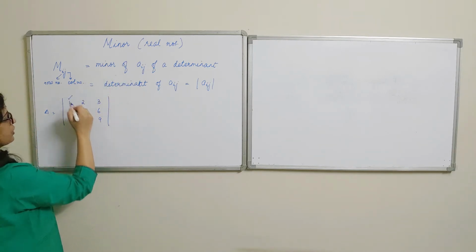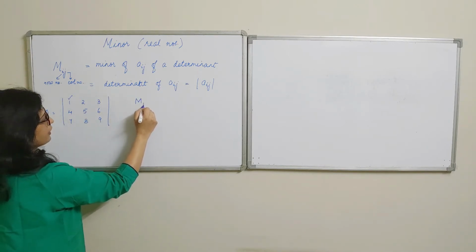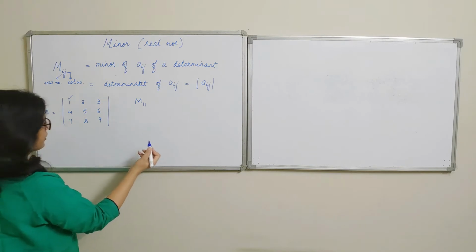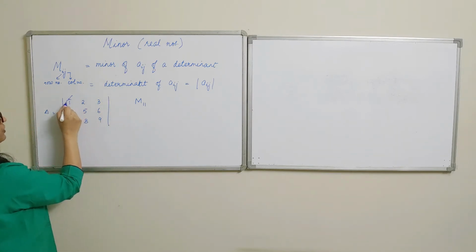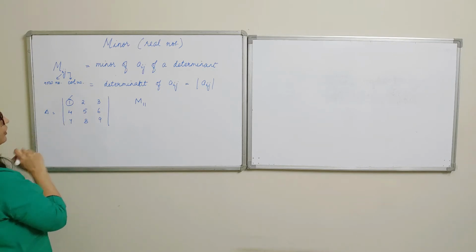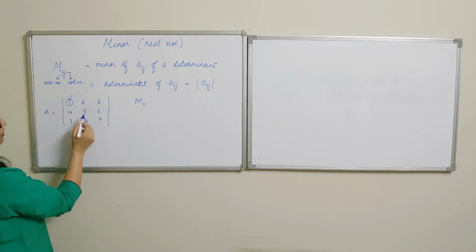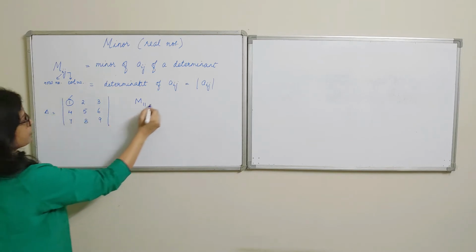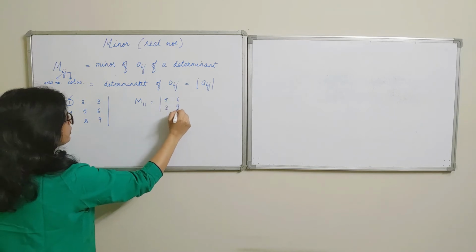Let us start with element A11, so the corresponding minor would be M11. How do we find the determinant for this element? By deleting the first row and the first column. What we are left with are these 4 numbers, so this is equal to the determinant of 5, 6, 8, 9.